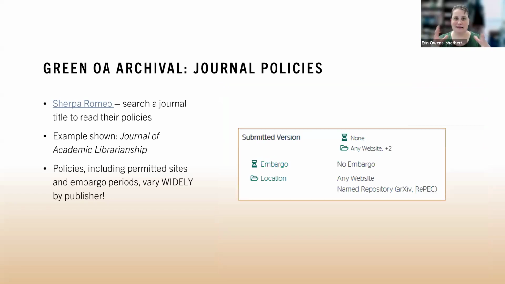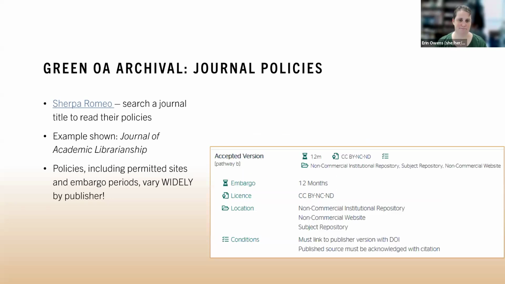So here is the expanded set of policies for the submitted version. This is our preprint, pre-revision document. This version may be shared on any website with no embargo. So I may freely share the preprint of my paper before it has benefited from revision and publication.